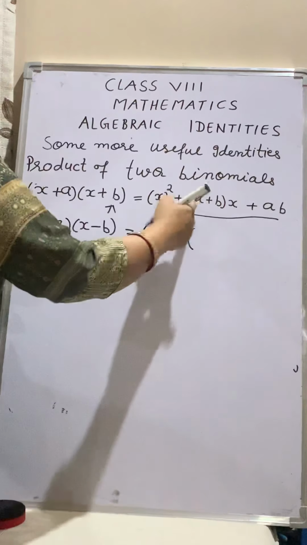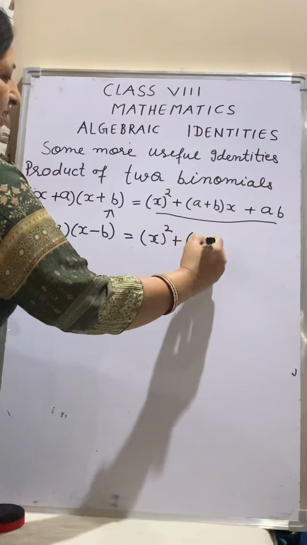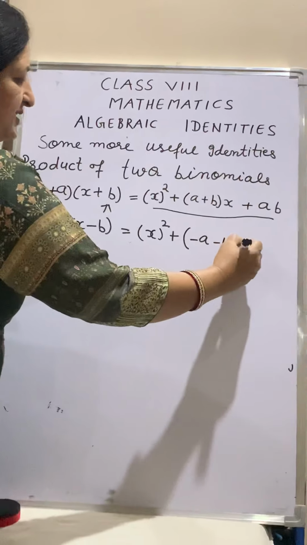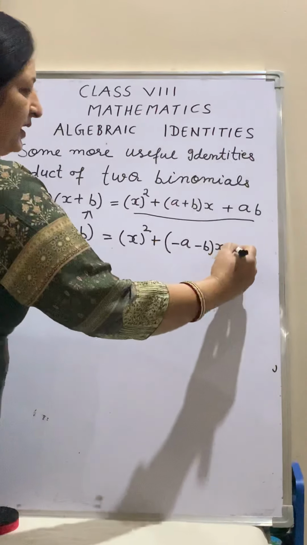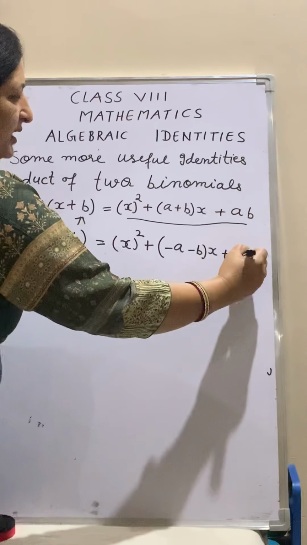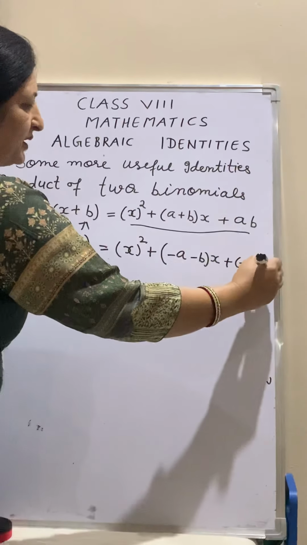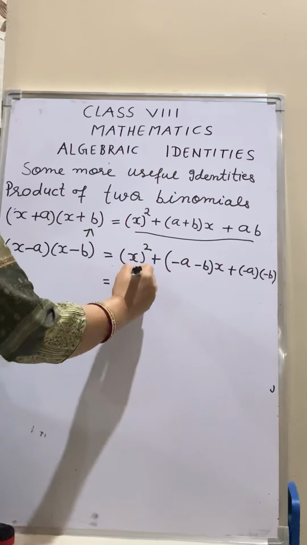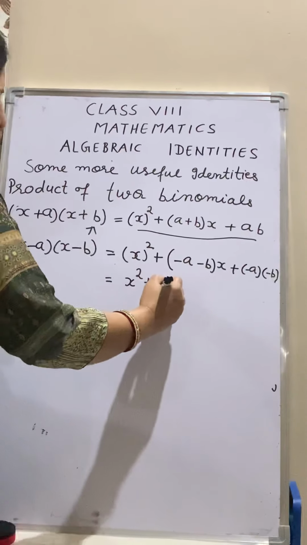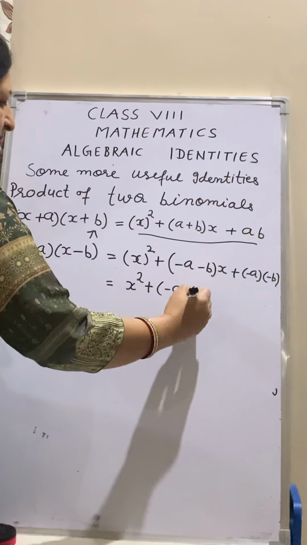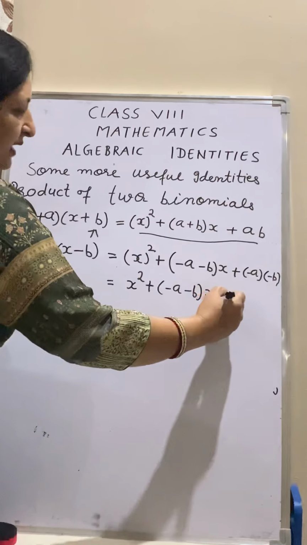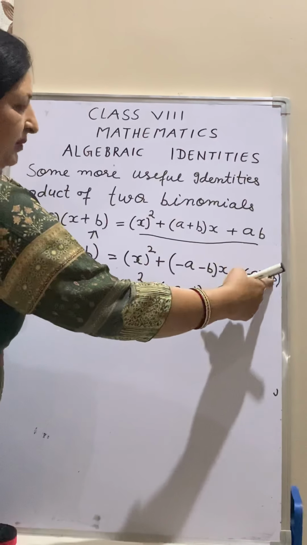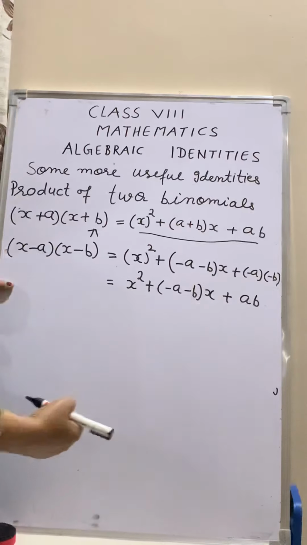Now a is negative, minus a, minus b, multiplied with the first term x, plus minus a multiplied with minus b. When we solve it, it is x square plus minus a minus b, multiplied with x, and plus ab, because when we multiply minus a with minus b, the answer will be positive.